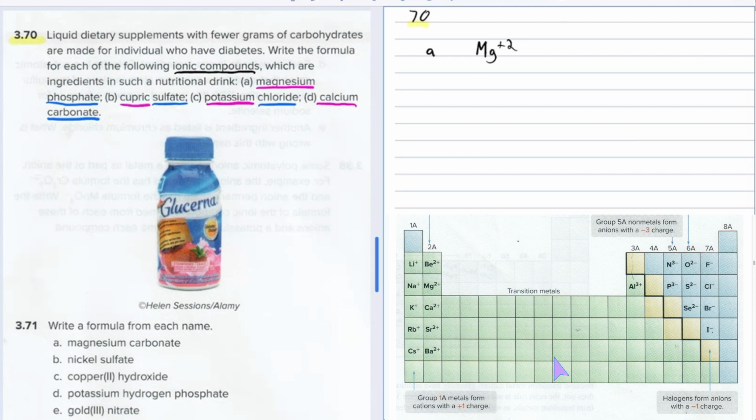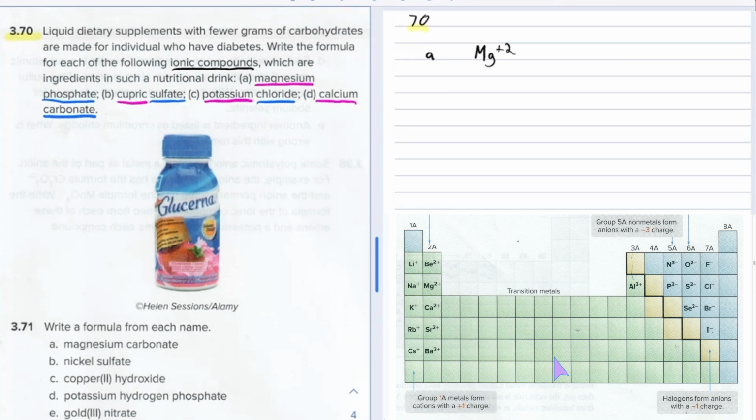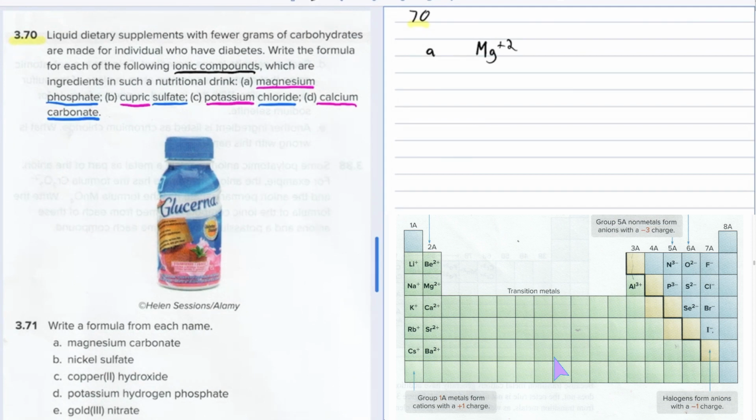Now, what's the anion? The anion is phosphate. Remember the ates and the ites? So if you see an ate or an ite, that's telling you look for polyatomic anions. Polyatomic anions.